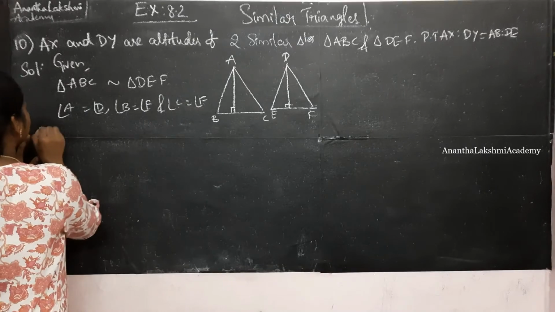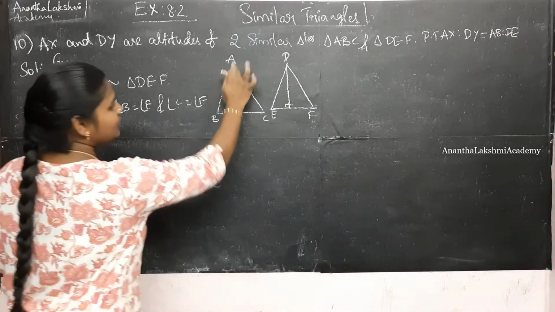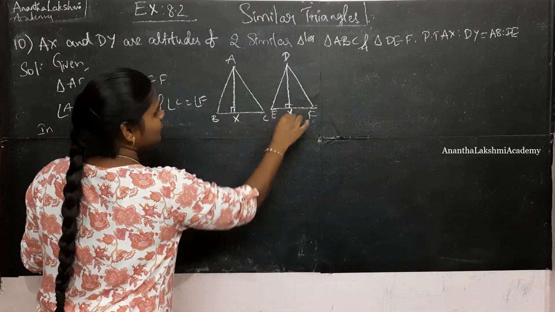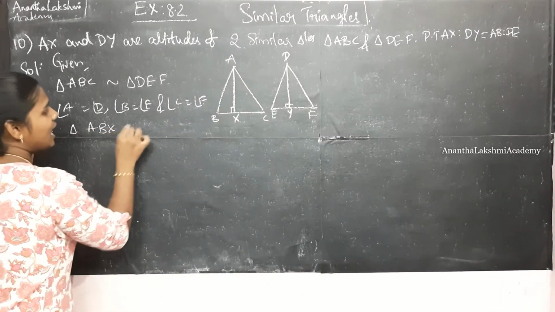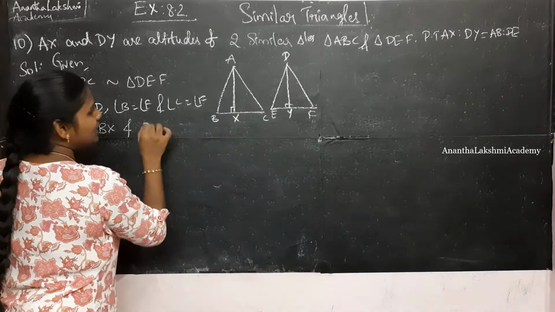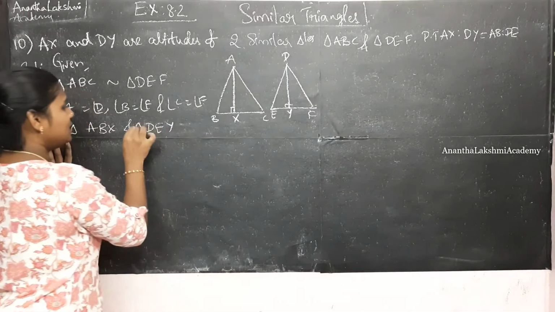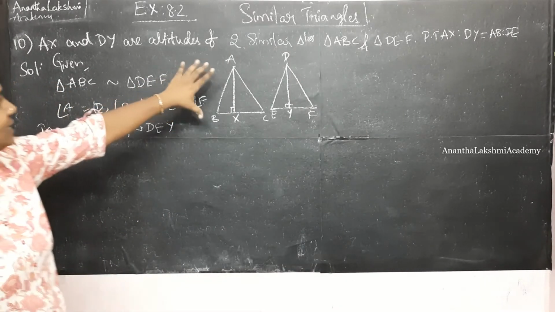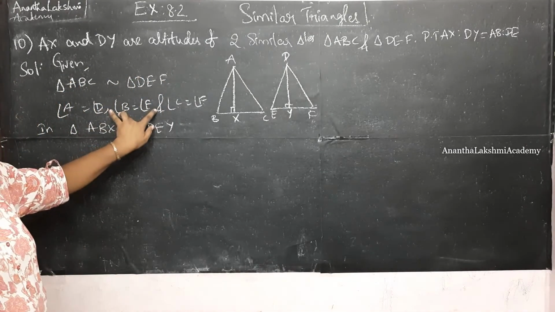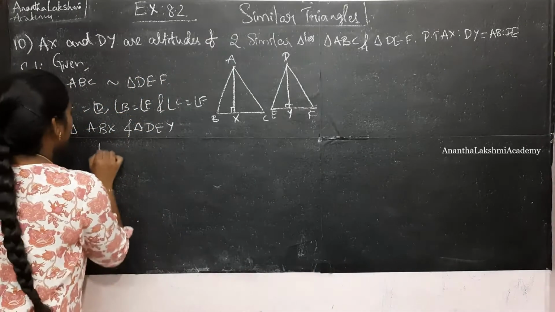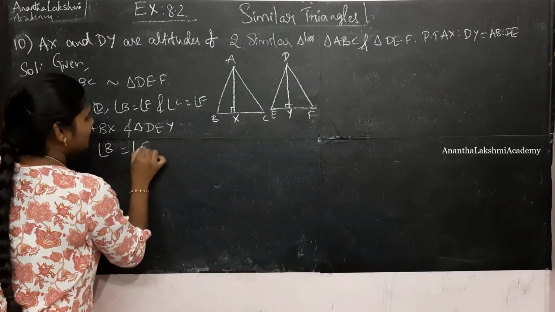Now, I am going to consider the leftmost triangles. Triangle ABX and triangle DEY. Now, since triangle ABC and triangle DEF are similar, we said angle B is equal to angle E. Why?